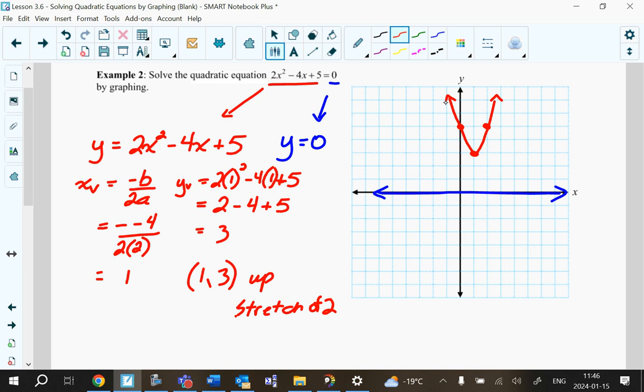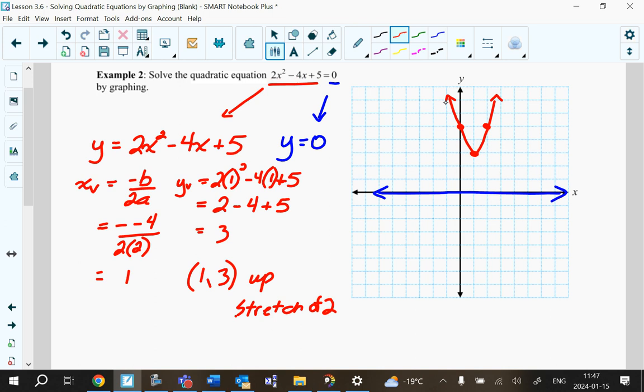So now this is where students make a mistake because they don't finish the question. They figure I've graphed both sides, I'm done. Remember, the whole purpose is to solve. So now we got to find where they intersect. Where do they intersect? They don't.